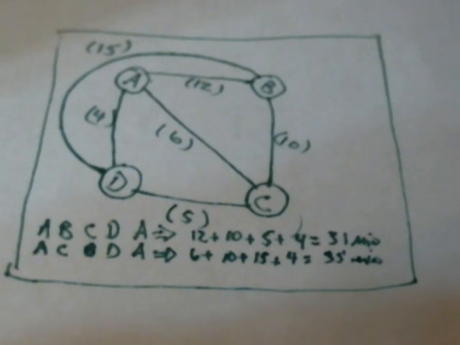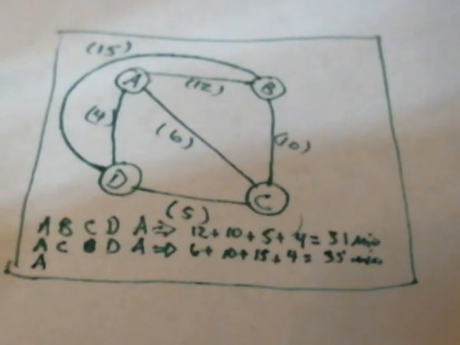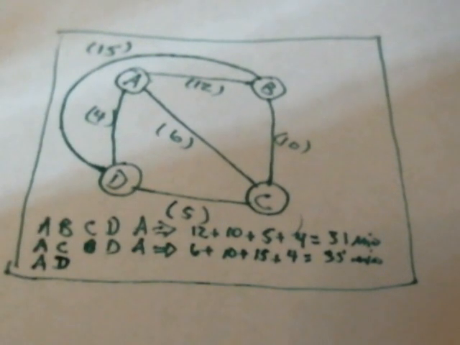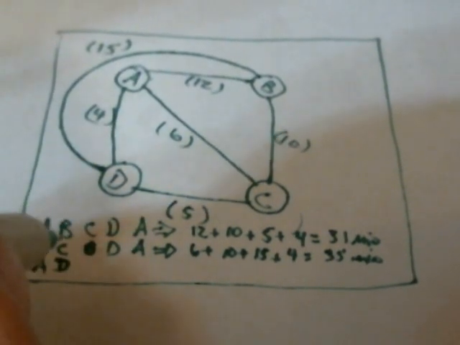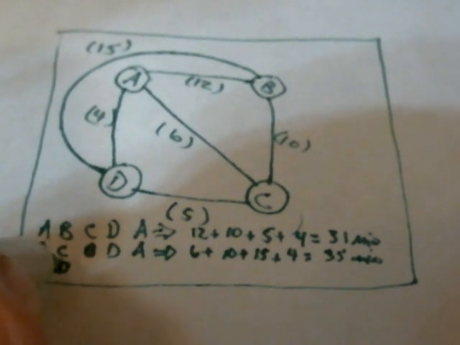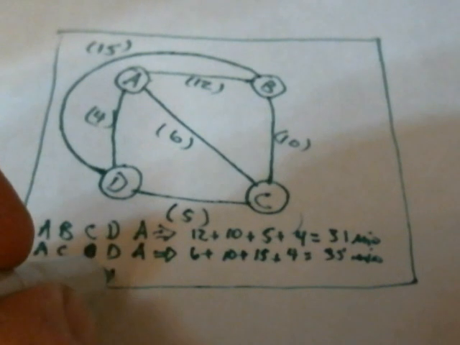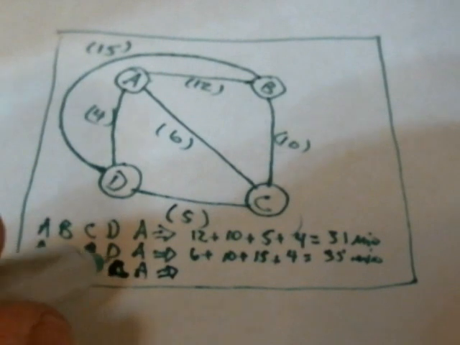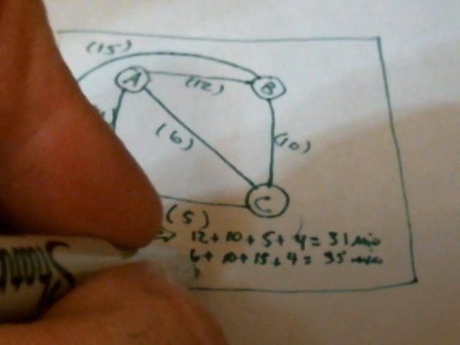The last possible option would be to go from A to B, and then over to D, and then to C, and then to A. So A to B to D to C to A. Now that one would take, A to B is 12.